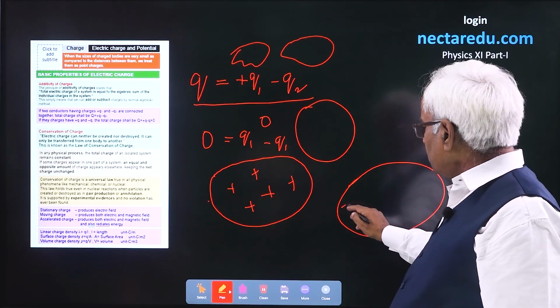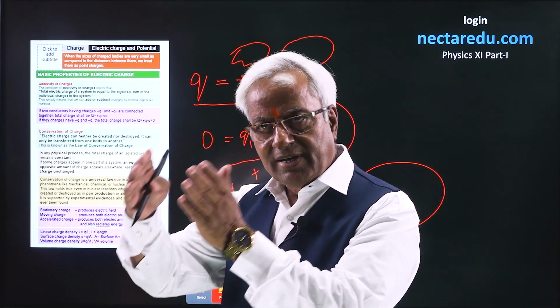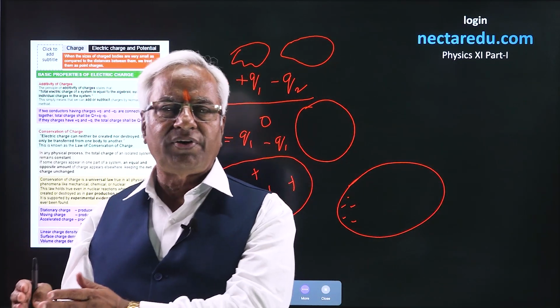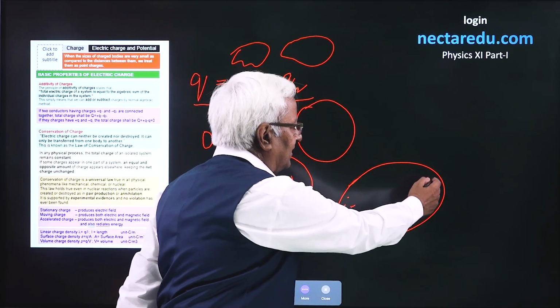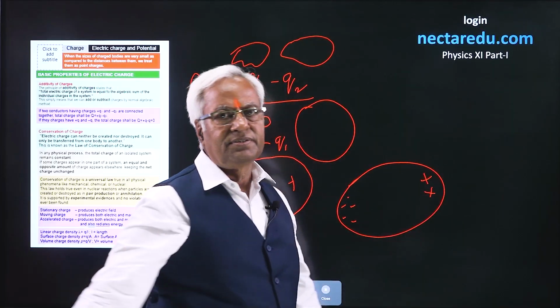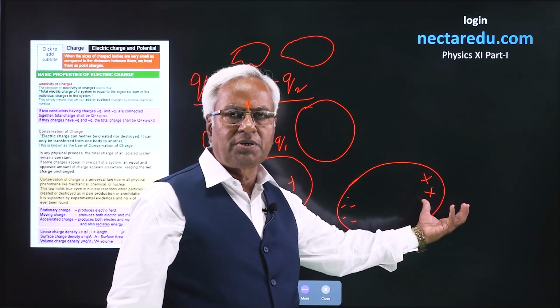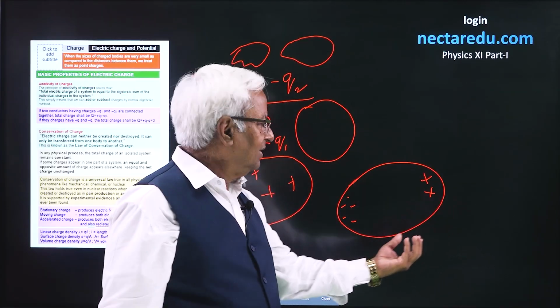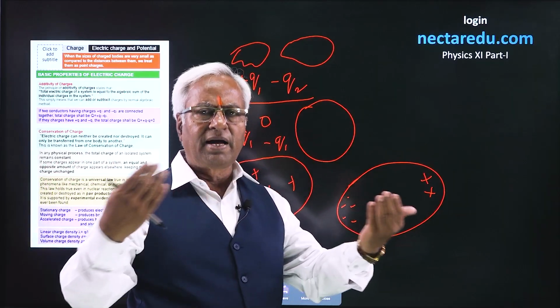So, if electrons are disturbed, they move aside and get concentrated in one region, then obviously there is a deficiency of electrons on the other side. This side would become positive, because of the deficiency of electrons, and this side would become negative because of the excess of electrons. They have migrated.